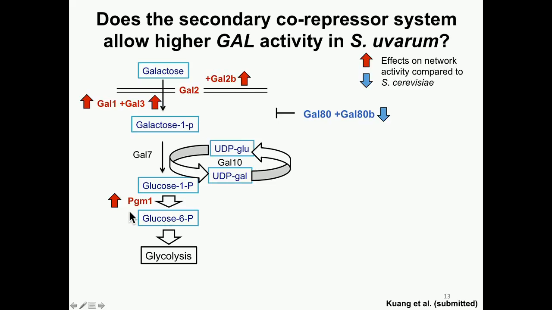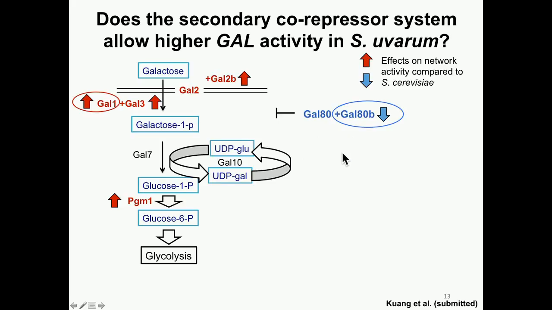PGM1 is also a direct target of GAL4 in Saccharomyces uvarum, and so this actually goes up in response to galactose, unlike in cerevisiae. So the structural part of the gene network is geared to a higher activity. It has higher expression, and it is prone to fluxing too much galactose through. The only thing that's offsetting that is having that second copy of the co-repressor.